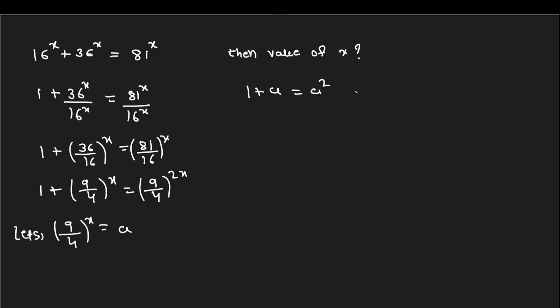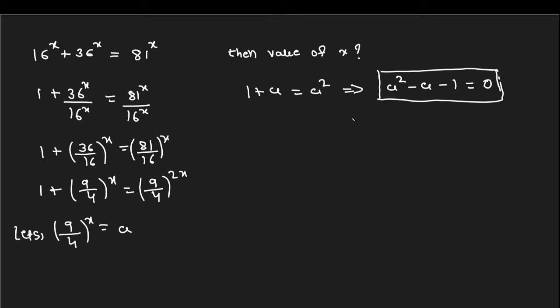We will rearrange, and this will become a square minus a minus 1 equal to 0, and this is a quadratic equation. You can solve for the value of a.